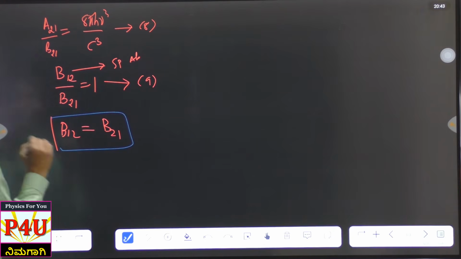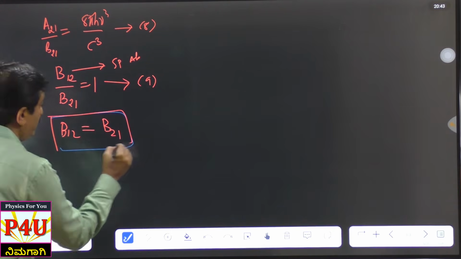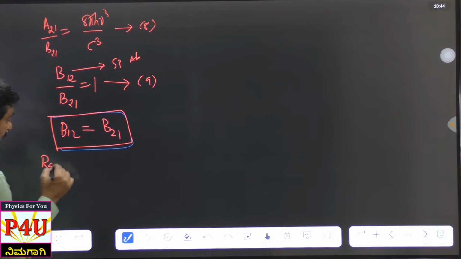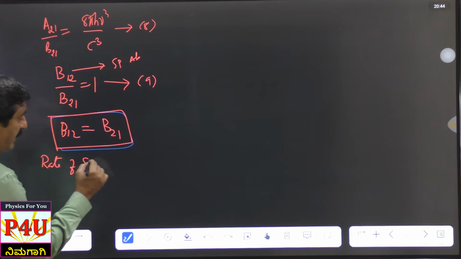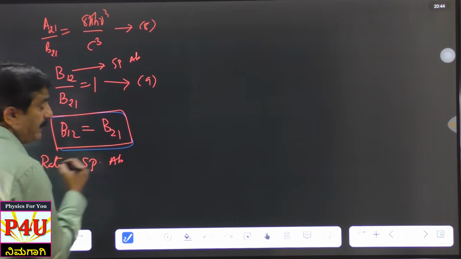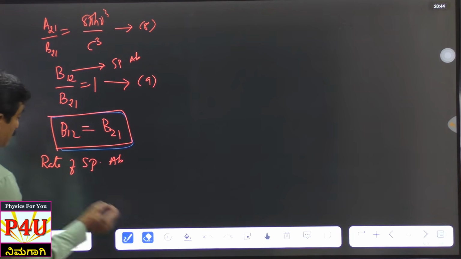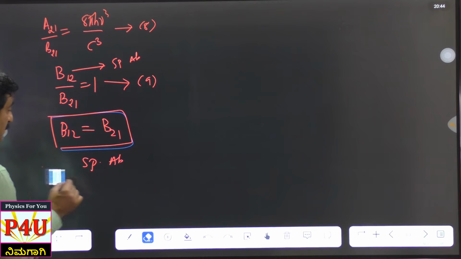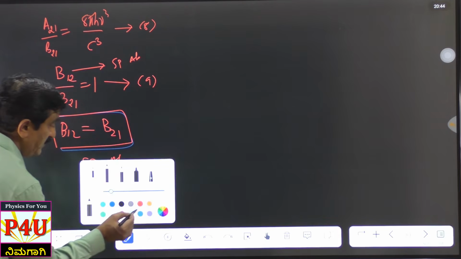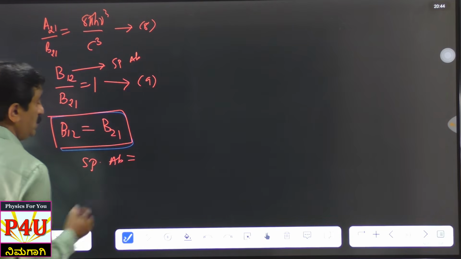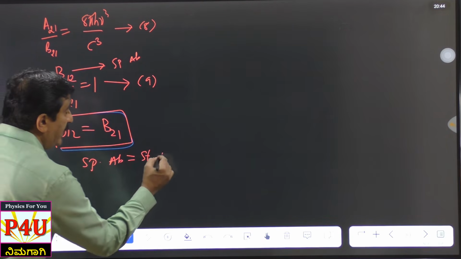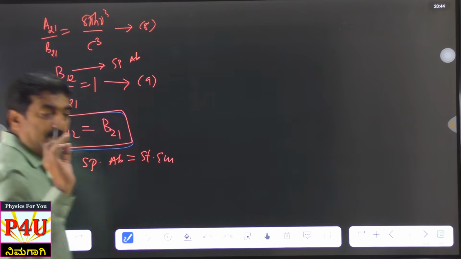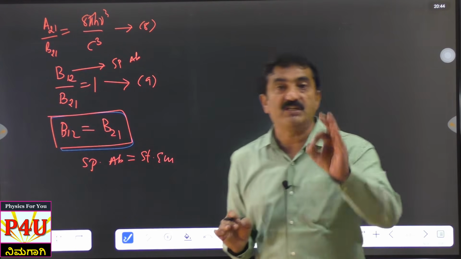So this is the final relation. According to this equation, the spontaneous absorption coefficient is equal to stimulated emission. This is the main conclusion of Einstein's theory.